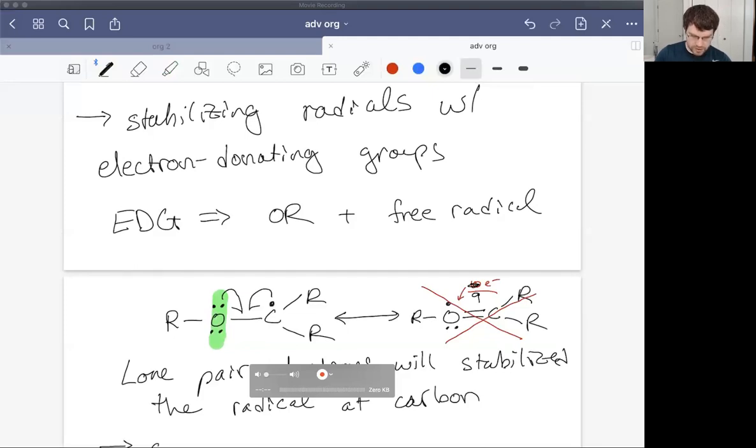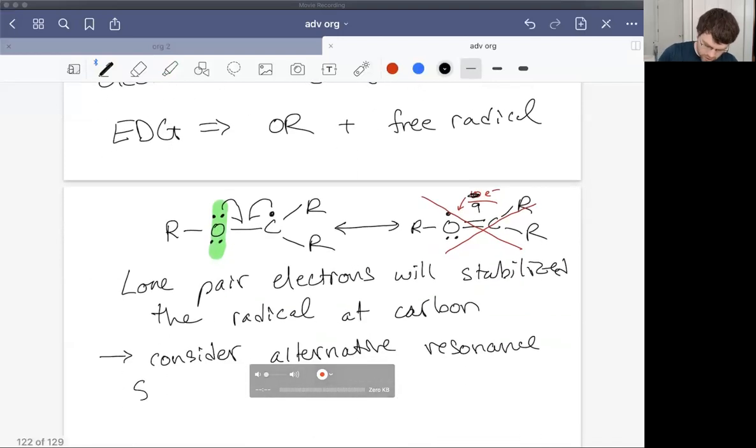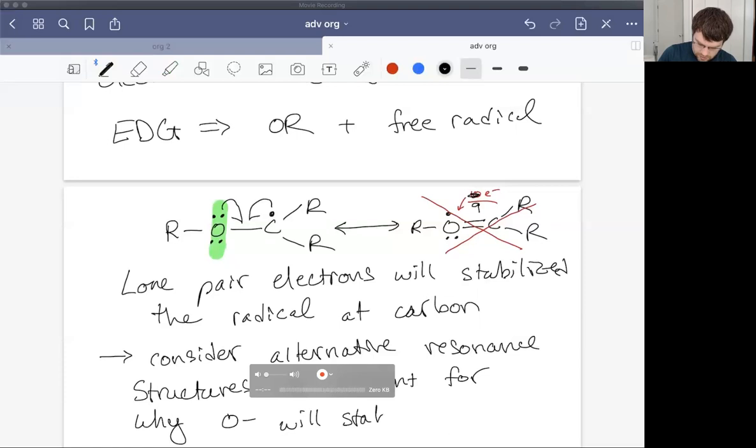So what we have to do is consider alternative resonance structures. And the alternative resonance structures that we consider will help us account for why the oxygen will stabilize a C radical.